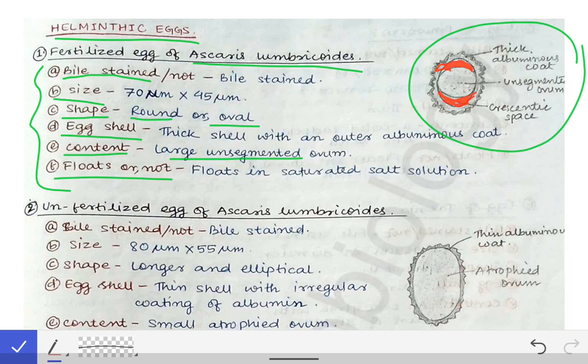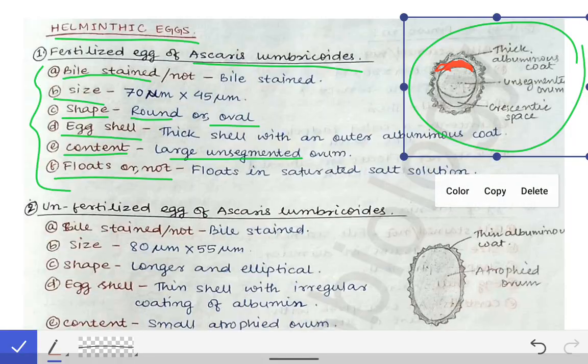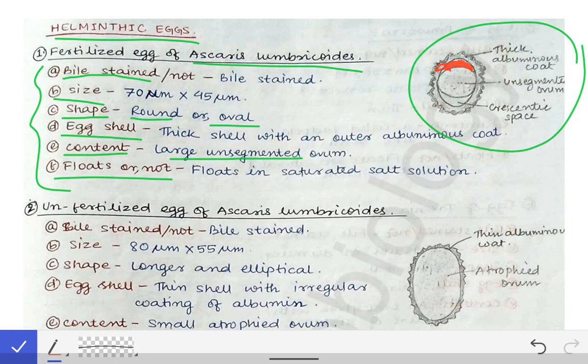This crescentic space is the most important identifying feature of the fertilized egg of the Ascaris lumbricoides. If you are seeing the crescentic space, then definitely it is going to be a fertilized egg of the Ascaris lumbricoides.